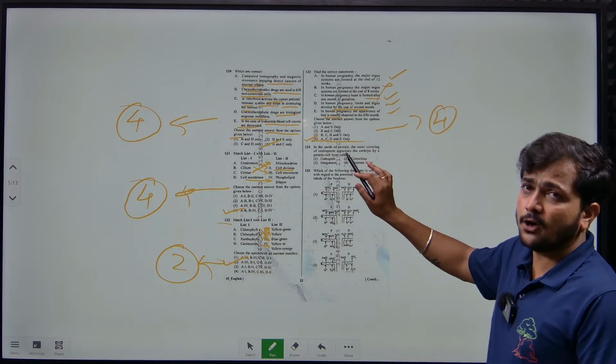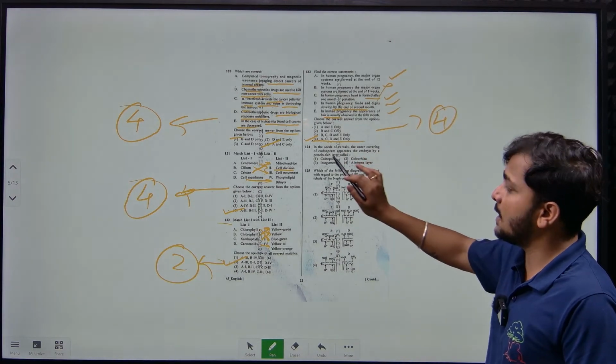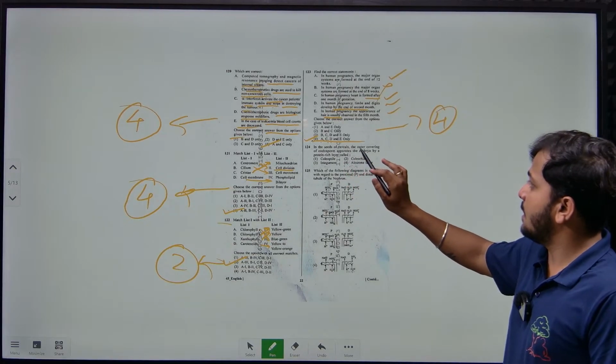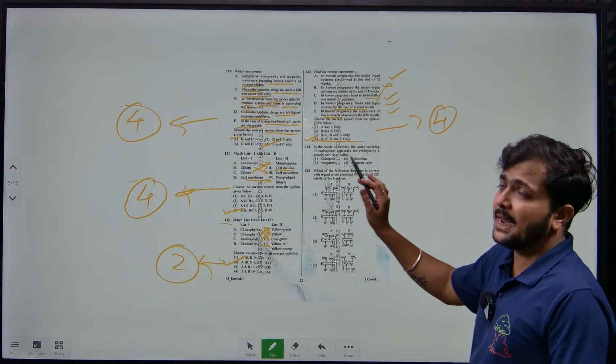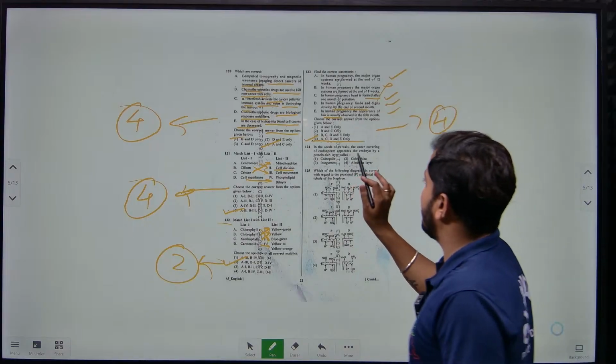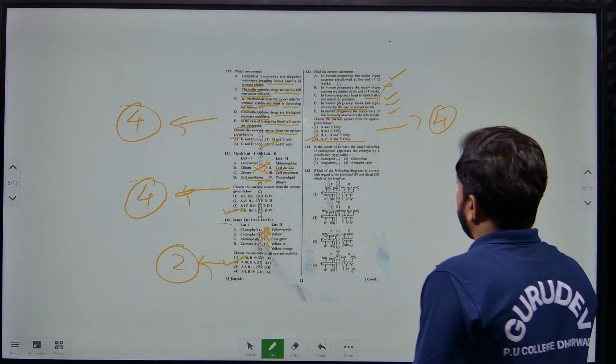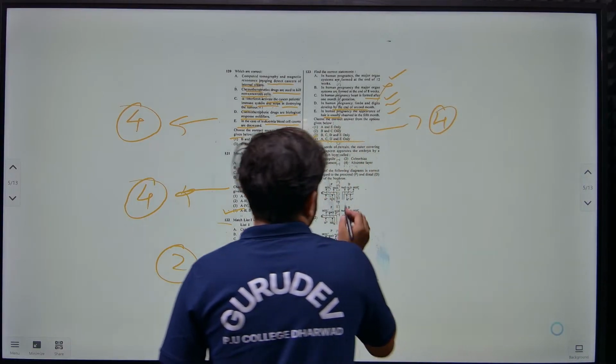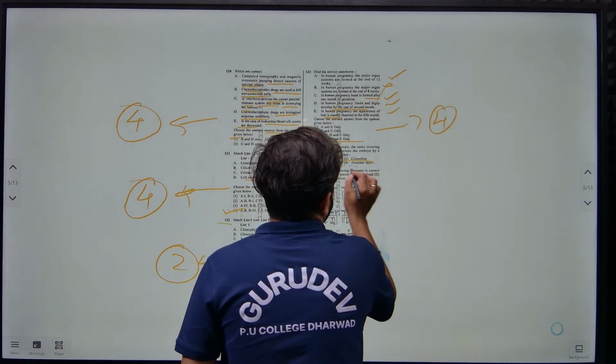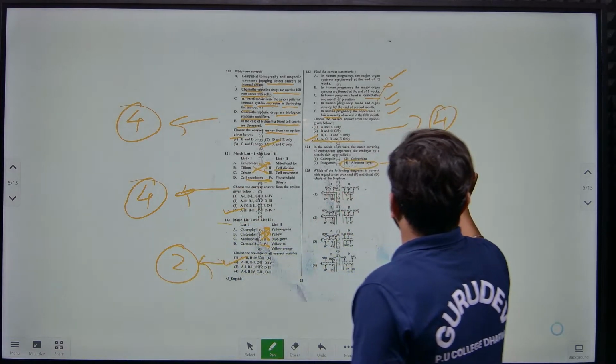Then in the seed of cereals, the outer covering of endosperm separates the embryo by a protein rich layer called, right? So the protein rich layer is nothing but majorly the aleurone layer, right? That is option 4.